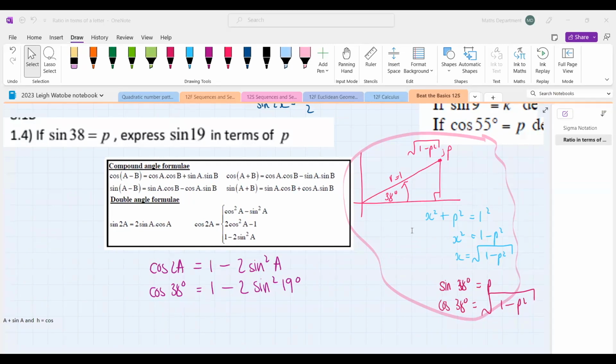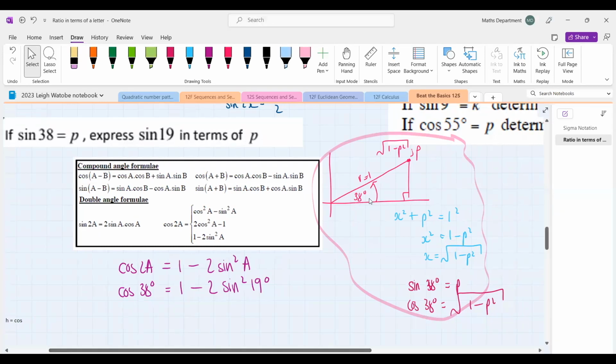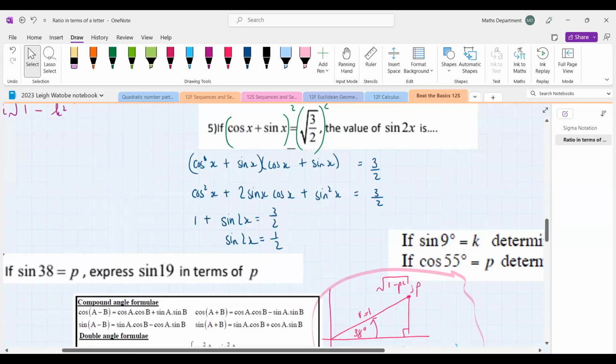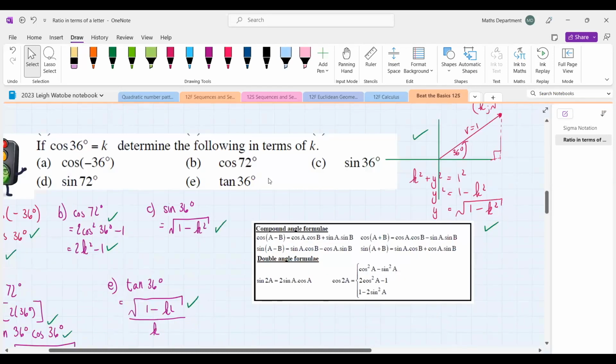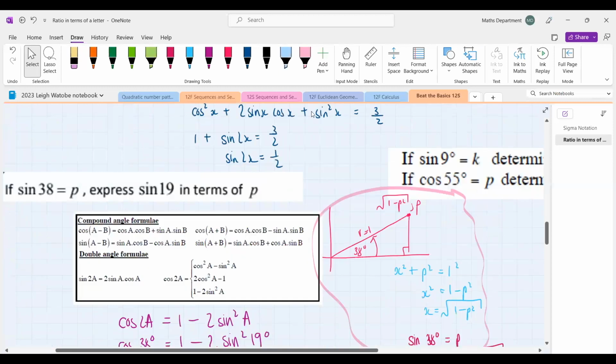Okay, Mbali, using our diagram. If we worked in terms of 38 here, we know what the sine of 38 is, we know what the cos of 38 is, we know what the tan of 38 is, just like we were doing earlier, isn't it? So that's easy enough.